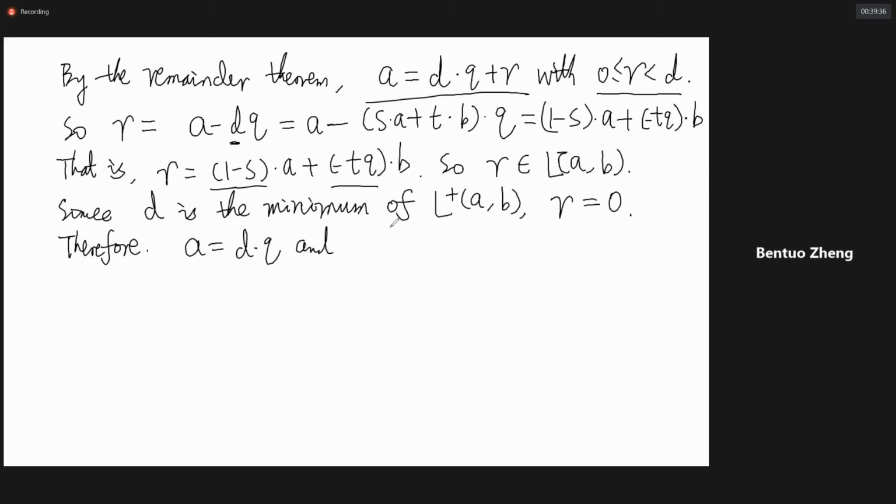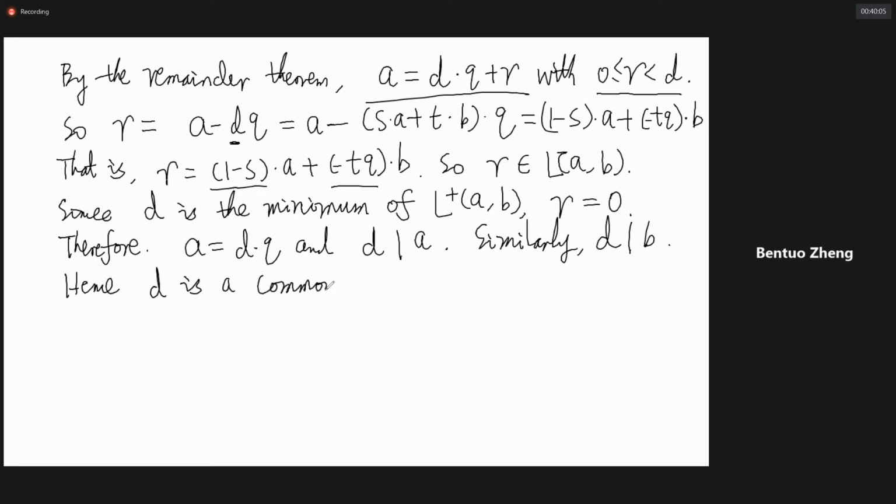And D divides A. Similarly, D divides B. The proof is essentially the same. Hence, D is a common divisor of A and B.